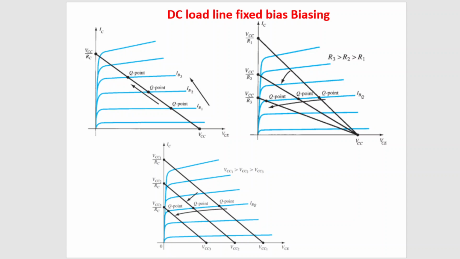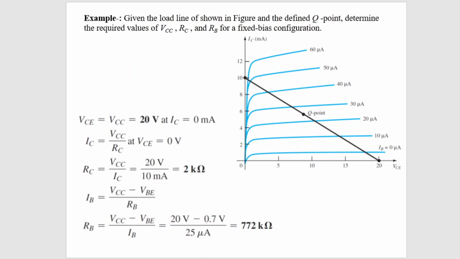So let us try to solve one numerical problem related to the Q point. Given the load line shown in the figure, define the Q point and determine the required values of VCC, RC and RB for the fixed bias configuration.